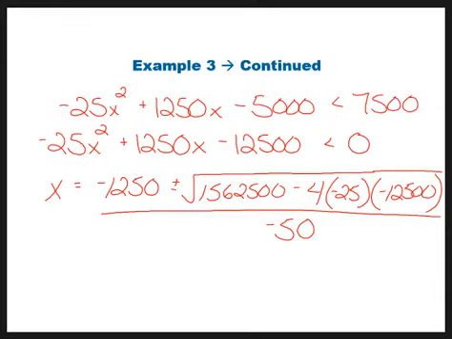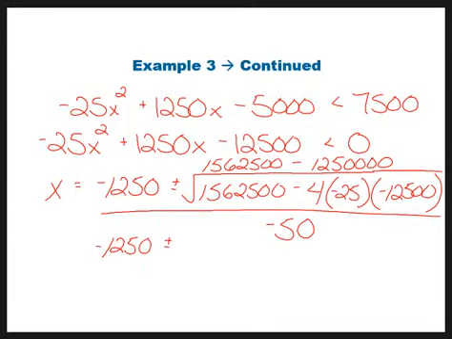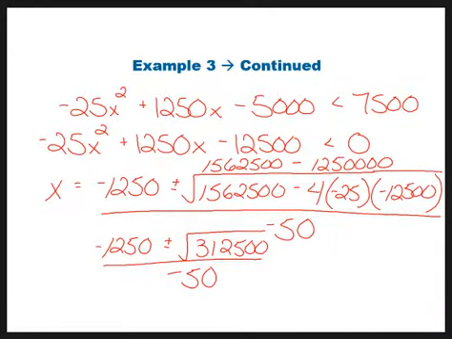Essentially we have 1,562,500 minus 1,250,000. So negative 1250 plus or minus the square root of 312,500 over negative 50.